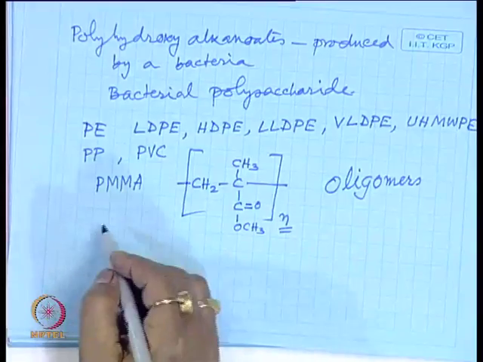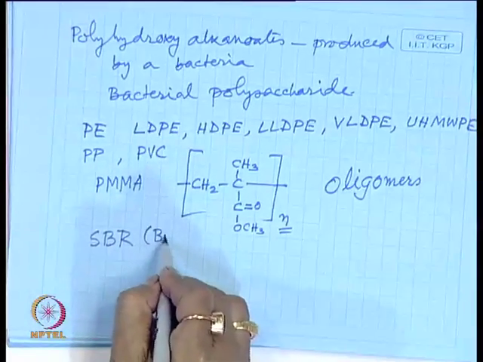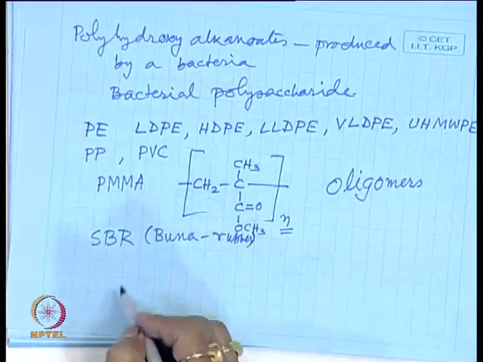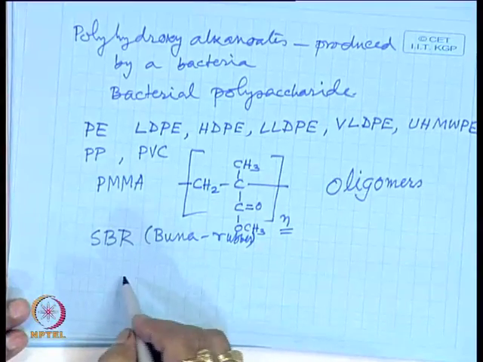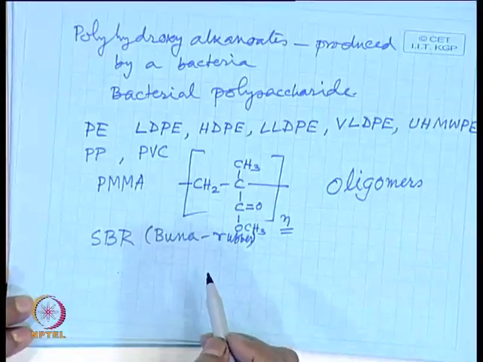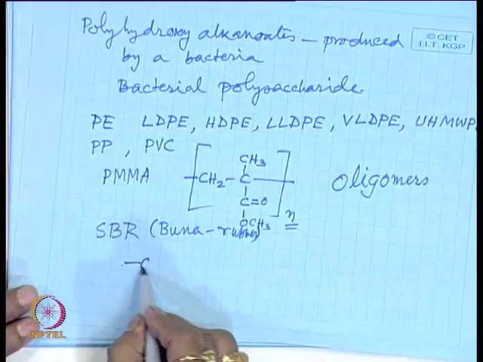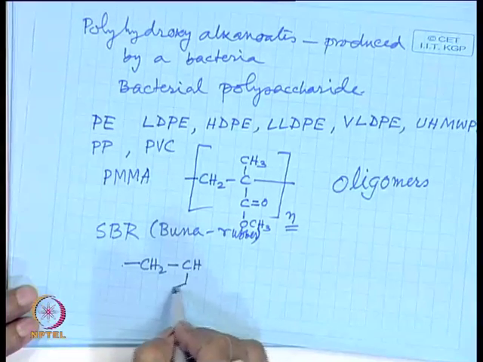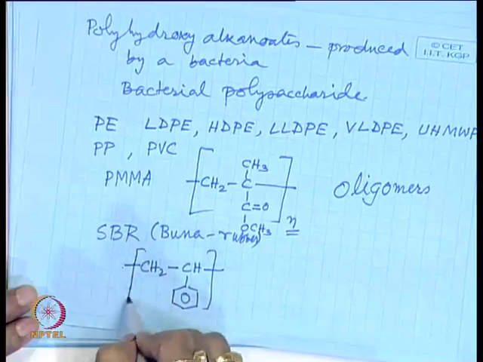Say SBR, what is SBR? It is a Buna rubber. It is a copolymer of styrene and butadiene. What is polystyrene? Again, to write the formula of polystyrene is very easy. You write this CH2, CH, a phenyl ring, this is polystyrene.